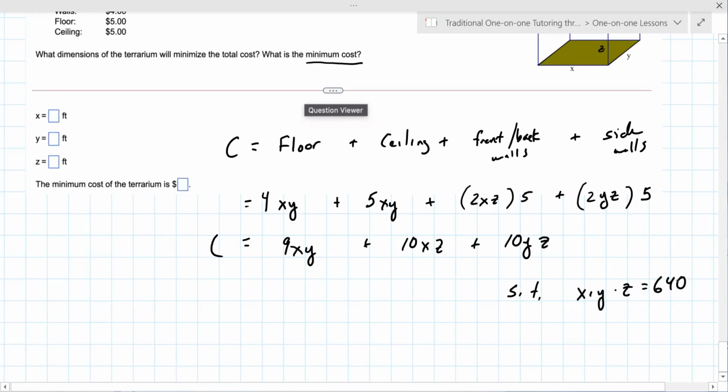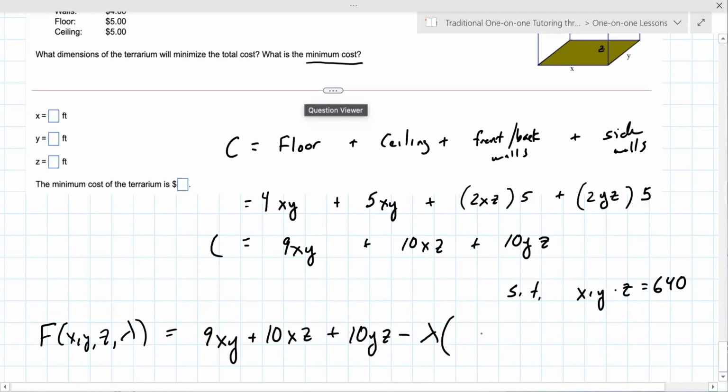So now if we write our big F of X, Y, Z, lambda, it's 9XY plus 10XZ plus 10YZ minus lambda times XYZ minus 640.